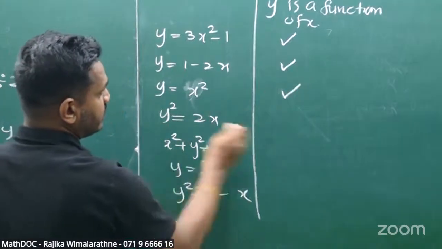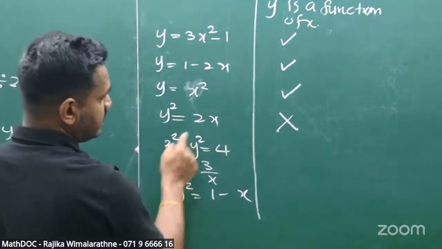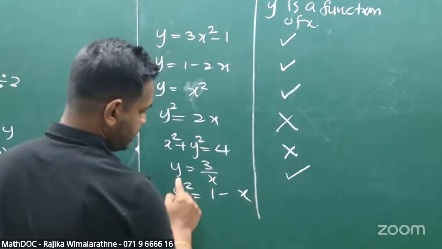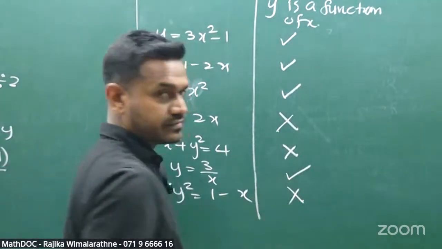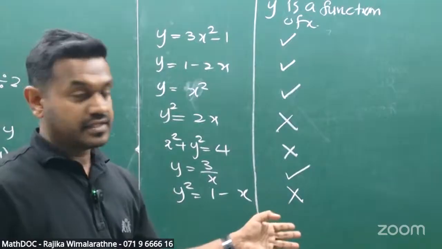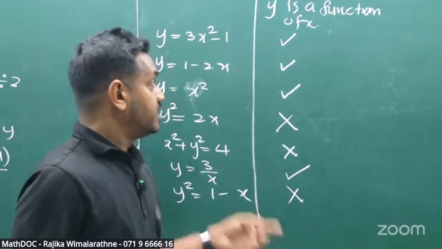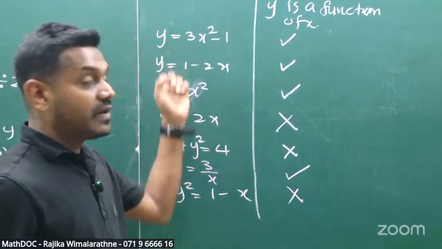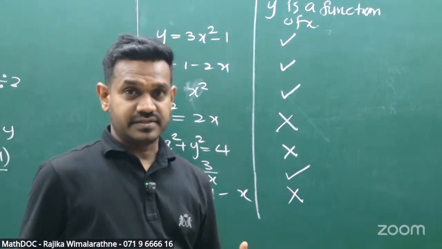Here y squared, not a function. Here y squared, not a function. Here y, function. Here y squared, not a function. That's how we identify. If y is a function of x, then y can be subjected easily. Then y to the power 1 relations are possible with the functions.